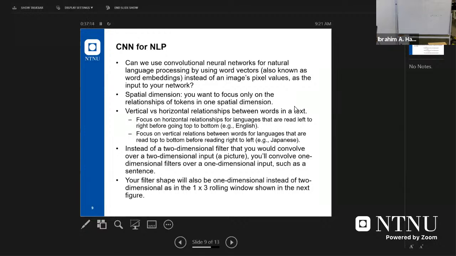So maybe it's 1 times 10,000, for example. So we should just imagine that we will have a kernel, and the kernel will also be one dimensional, and it will move maybe from left to right, or from top to bottom, and so on. The filter shape will also be one dimensional instead of two dimensional, as in the example we have here.